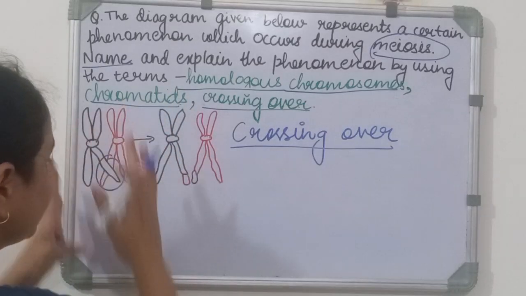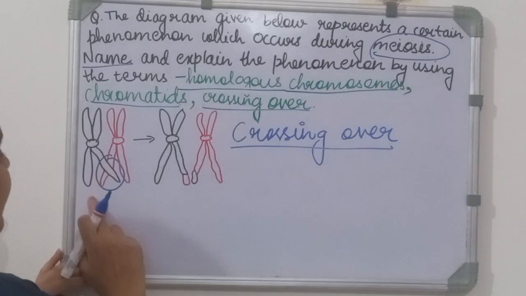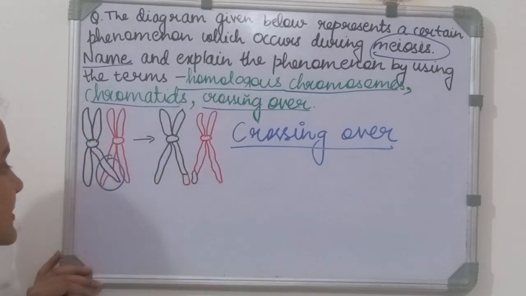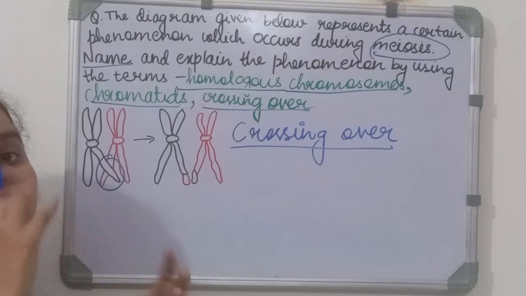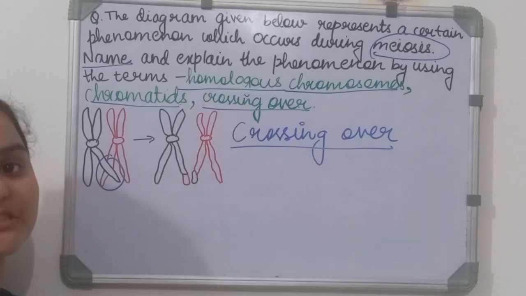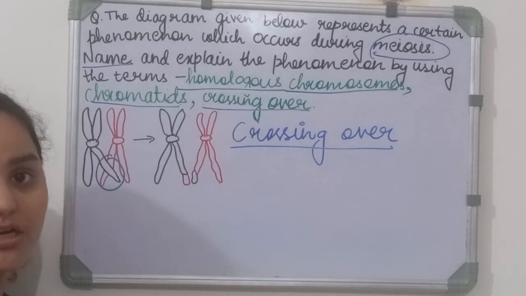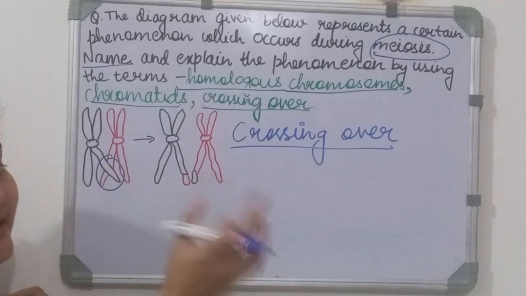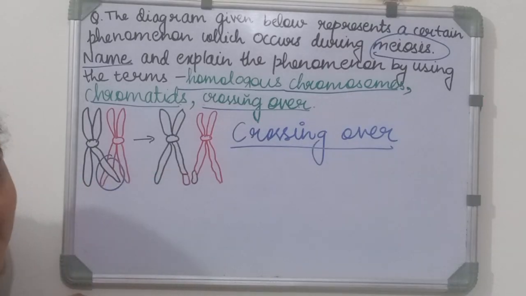So they form homologous chromosomes, and between them the genetic material gets exchanged, meaning they contain a set of genes which may be for your hair color, for your height, for your eye color, and these get exchanged between the two chromatids.